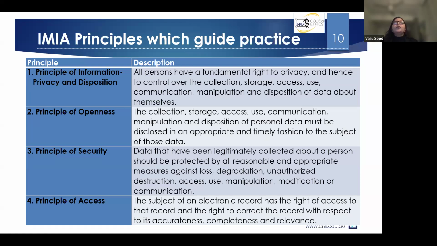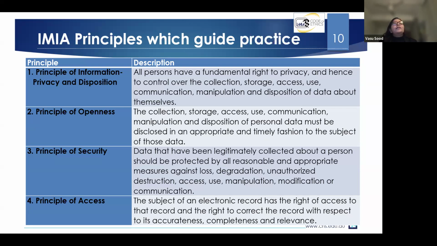Moving further and talking about IMIA principles, this also provides a framework for ethically managing personal health data. This has, again, eight principles. So the first principle is the information privacy and disposition principle, which indicates that individuals have the right to control how their personal data is collected, used, or stored.